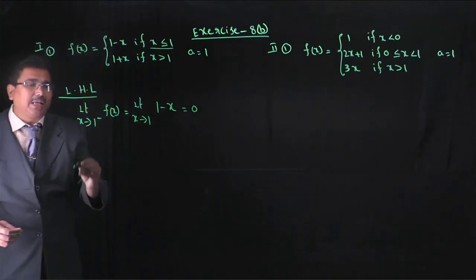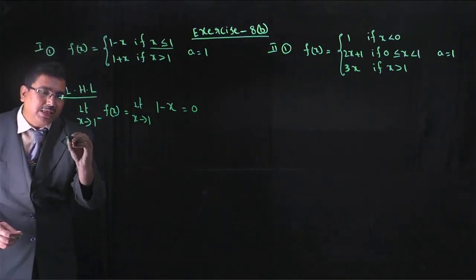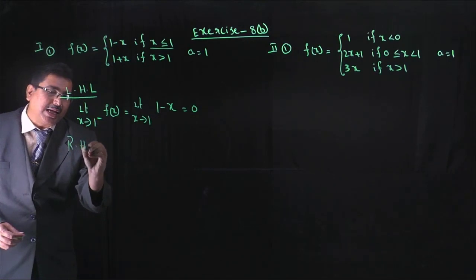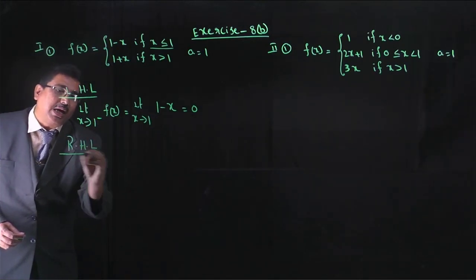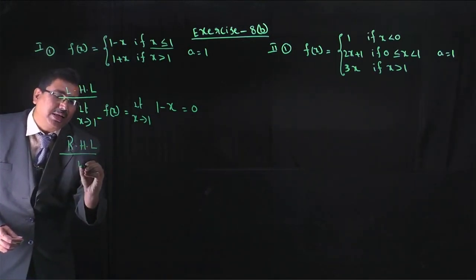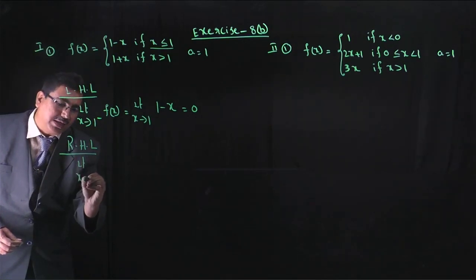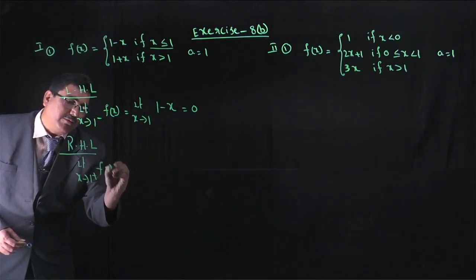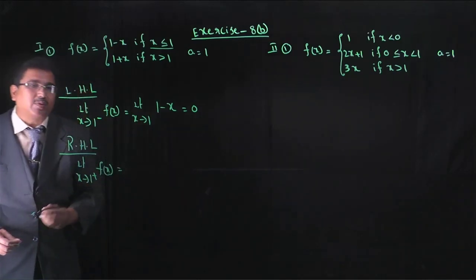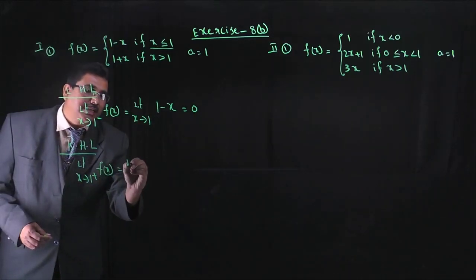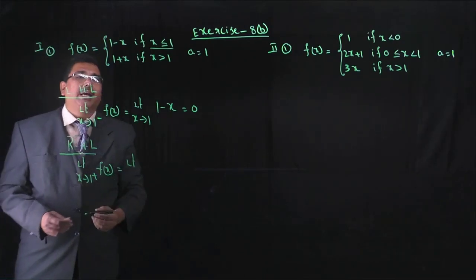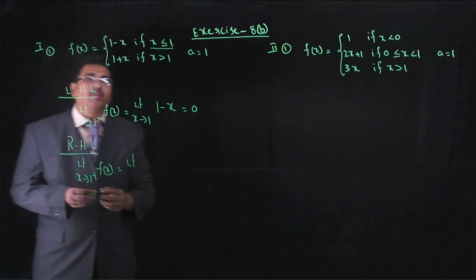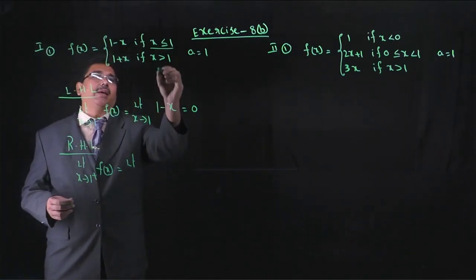Now the right hand limit, RHL, limit x tending to 1 plus f of x, that is equal to limit x tending to 1 plus. It means that x greater than 1.